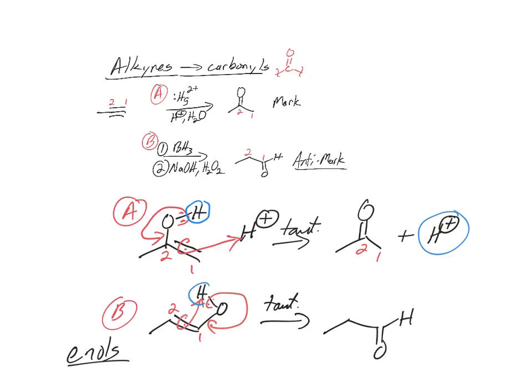The H I have circled in blue here, where does that end up? Anybody know where it ends up? On carbon 2. Right, already had one H there. That's where that H ends up this time, to make an aldehyde. Aldehyde, a ketone.